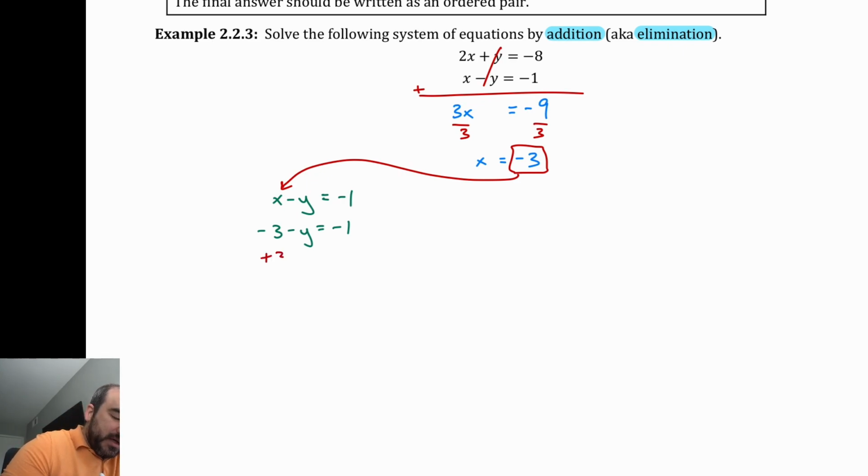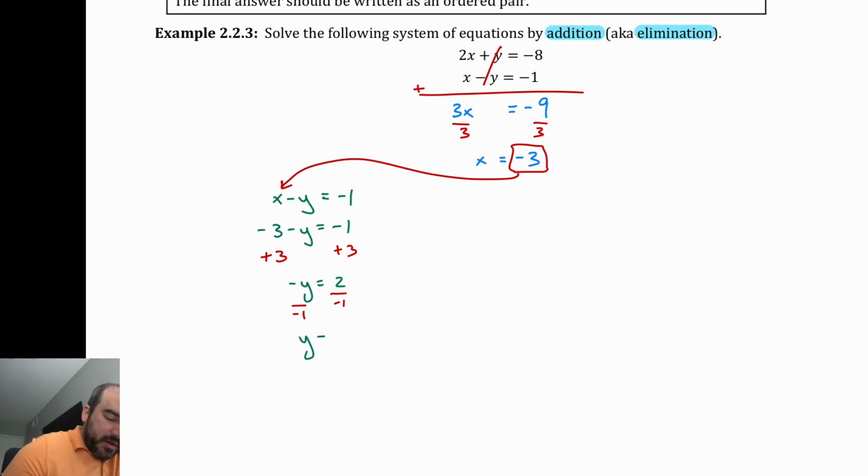We add 3 to both sides. -y equals 2. To get rid of the negative in front of the y, we're going to divide by -1 or multiply by -1. Either way works. And we end up with y equals -2.